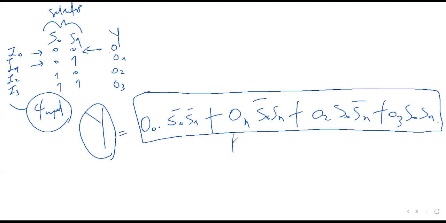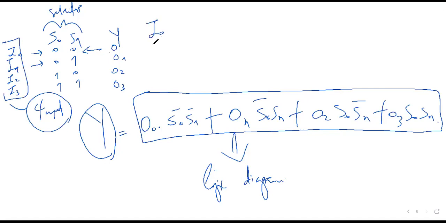I can then go and draw the logic diagram, which is simple actually. I have how many inputs? 4: I0, I1, I2, I3. My output here is in terms of what?